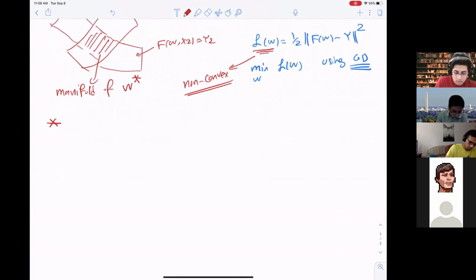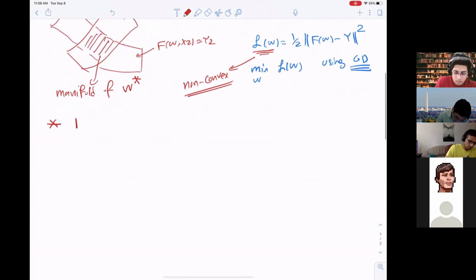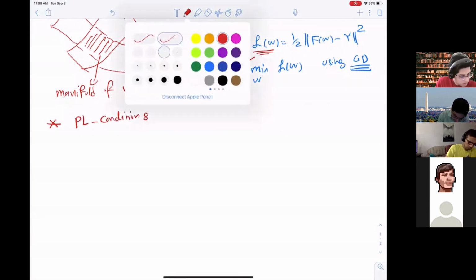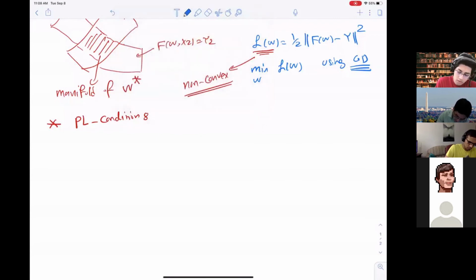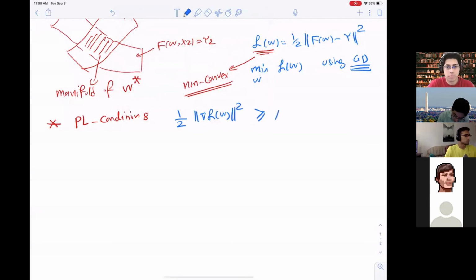So one very important condition that we discussed in order to show the convergence is the PL condition. So we said a loss function, or any function, satisfies the PL condition if the magnitude of my gradient, squared, is greater or equal to a constant mu times the value of the loss function, for, let's say, all w in a particular region that I'm considering.